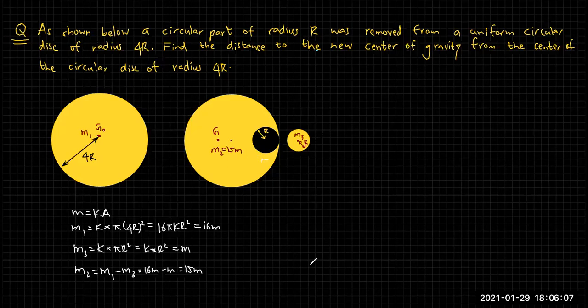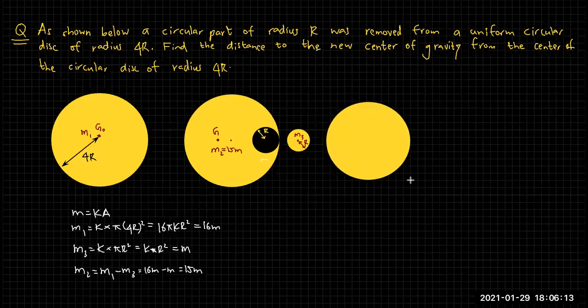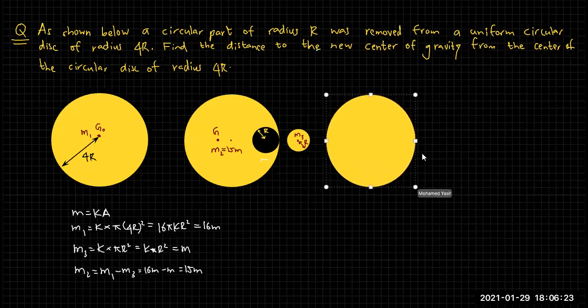Right. Then what do we do? We put that small circle back to where it was initially. This is what's going to happen. If I put it back to where it was initially, the diagram will look like this.